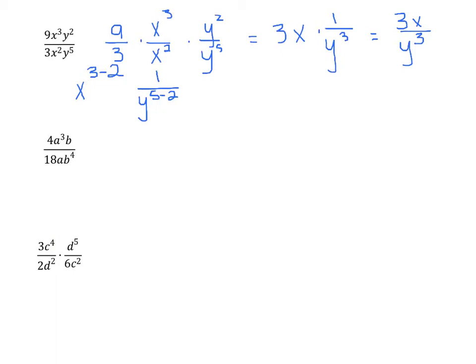Taking a look at the next one, we have 4 over 18, we have a cubed over a, and we have b over b to the fourth. 4 over 18 isn't going to simplify to something nice, but we do know we can simplify this to 2/9.